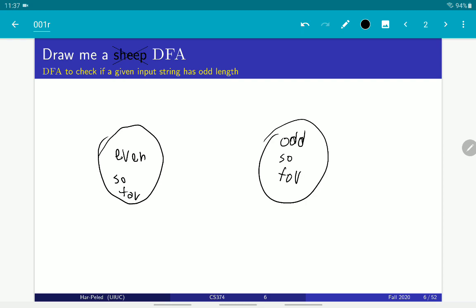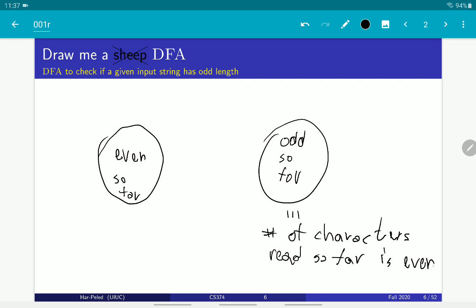And by odd so far, I mean the number of characters read so far is odd. And the same thing for the other state, the number of characters read so far is even.